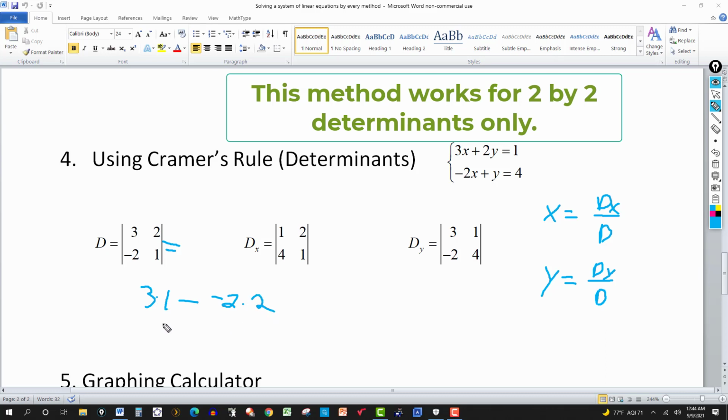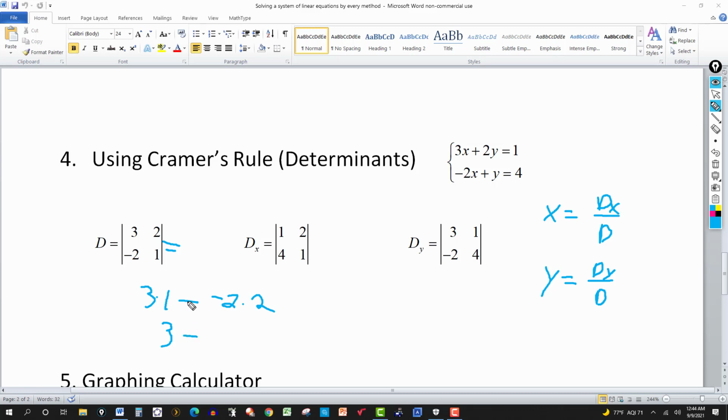So 3 times 1 is 3, and this is minus, and then minus makes that a plus. So that's 2 times 2, which is 4. So d is 7.